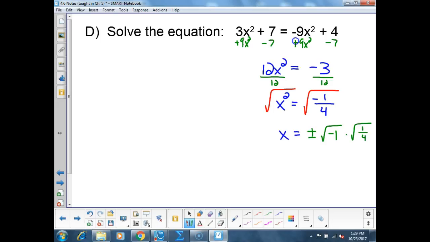And then the square root of 1/4, right? Okay. How do I take the square root of a fraction? What do we come up with? How do we take the square root of a fraction?